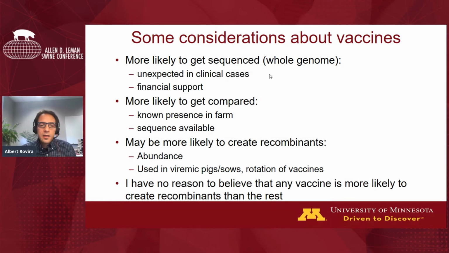And finally, let me state this because I get questions about this. I have no reason to believe that any vaccine is more likely to create recombinants than the rest. We have several modified live vaccines available in the US, and I'm not naming them here. I'm calling them vaccine A, vaccine B, vaccine C, exactly because I don't think one is more likely than the other.